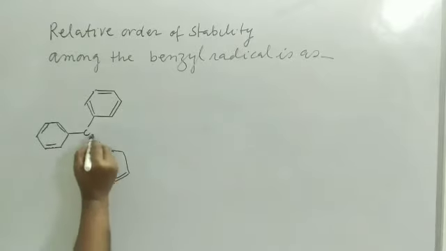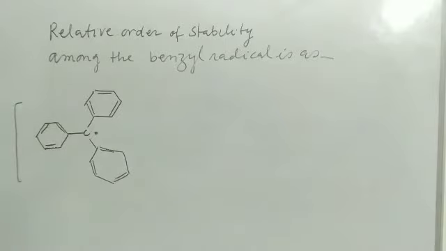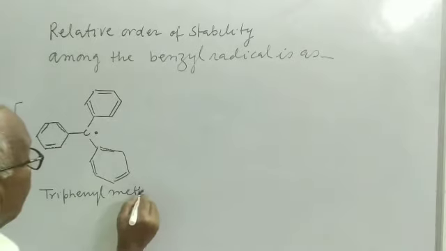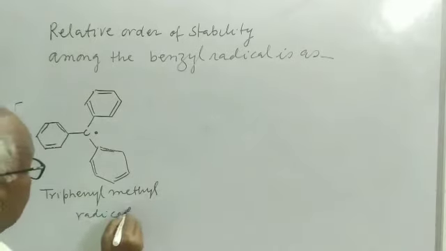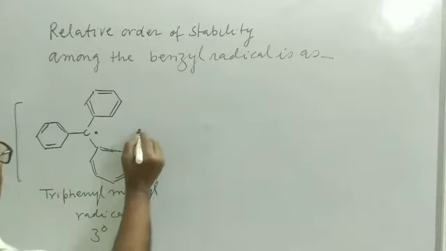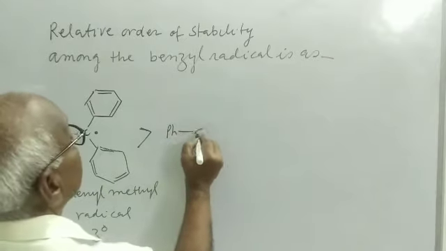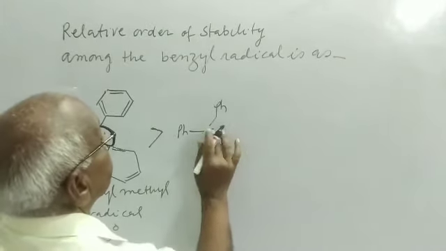This is a 3 degree benzylic radical. This is the triphenyl methyl radical. It is 3 degree. It is more stable than 2 degree.